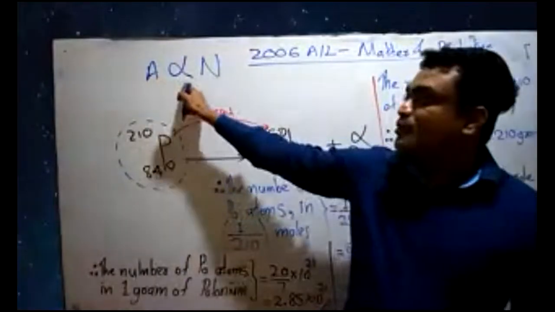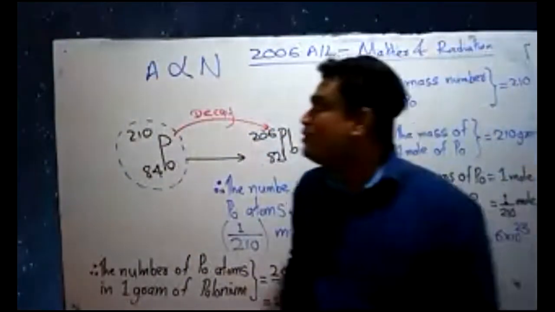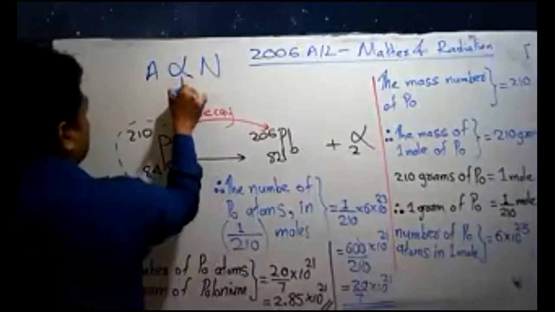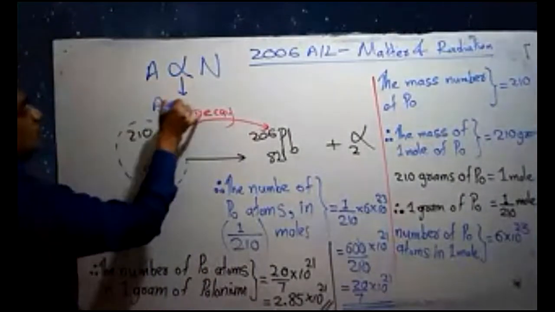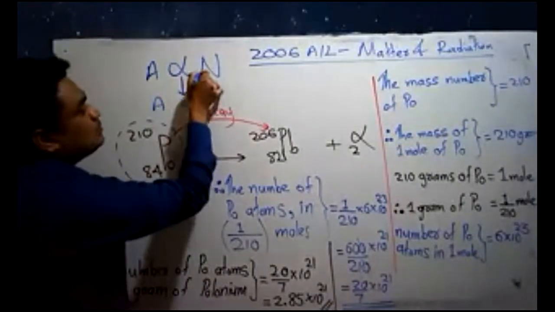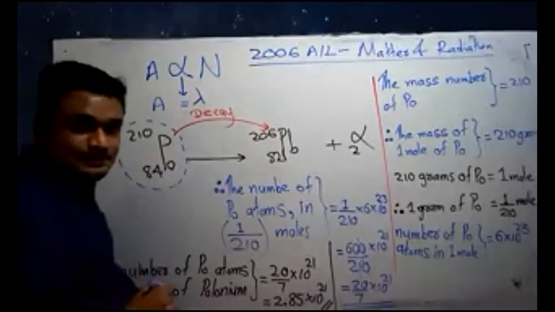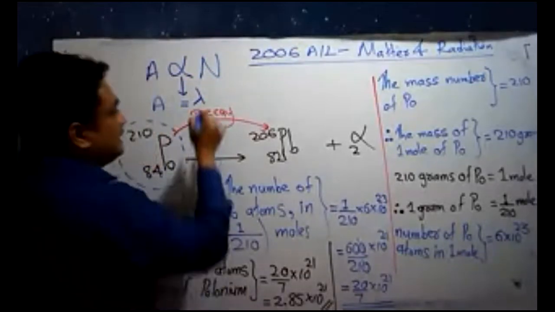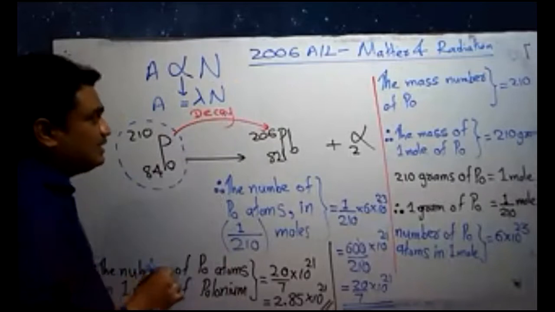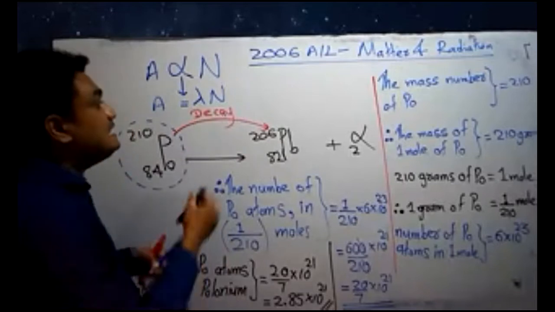So A is directly proportional to N. To convert this proportionality into an equation, this side is multiplied by a constant, lambda. Here, lambda is not wavelength. Here, lambda is called the decay constant.